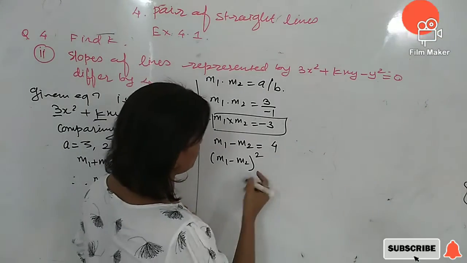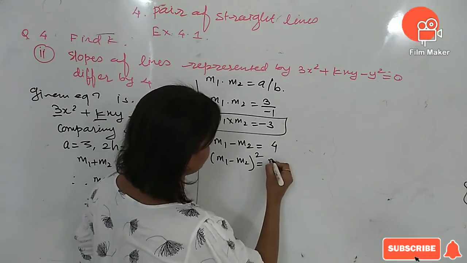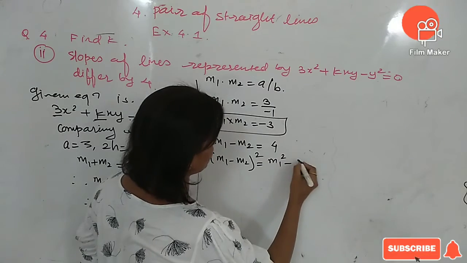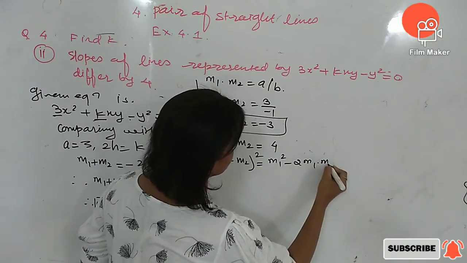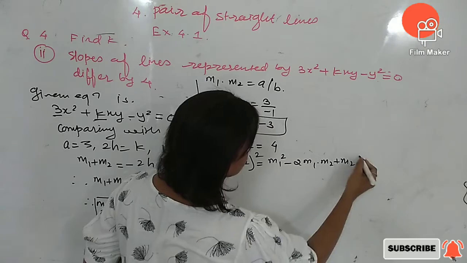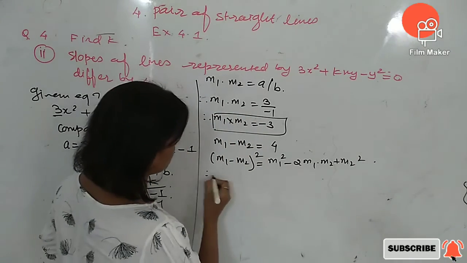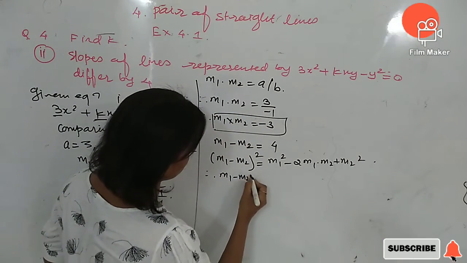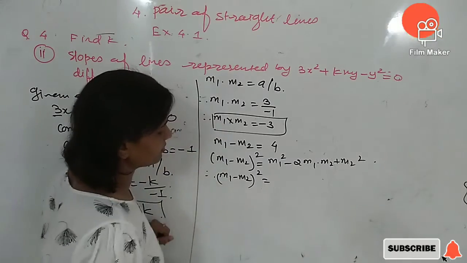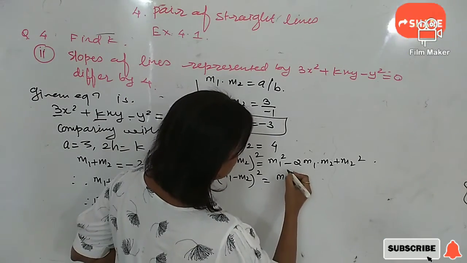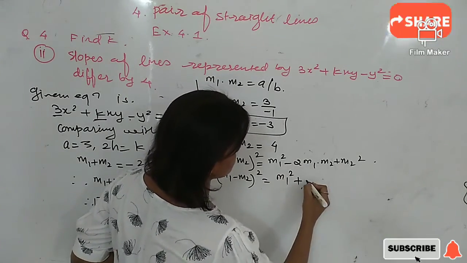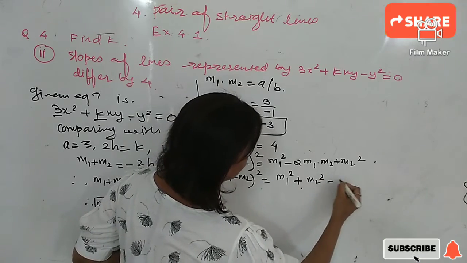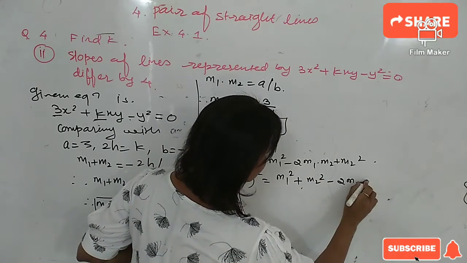If I expand this, I get m1 square minus 2m1 m2 plus m2 square. Therefore m1 minus m2 whole square is equal to m1 square plus m2 square minus 2m1 m2.